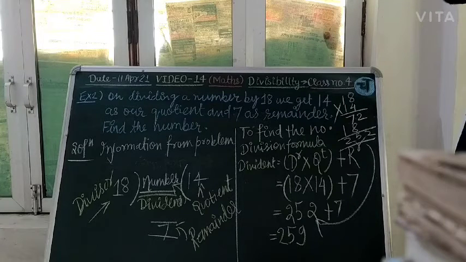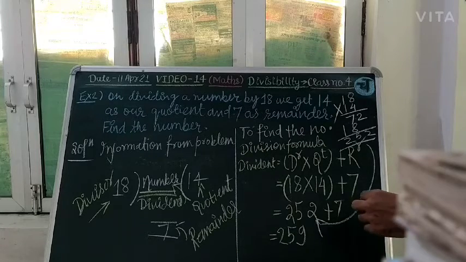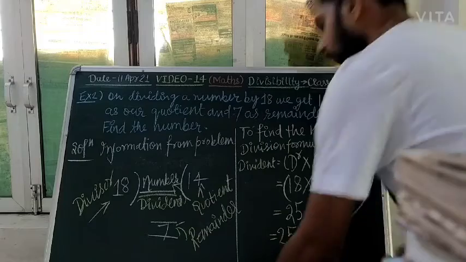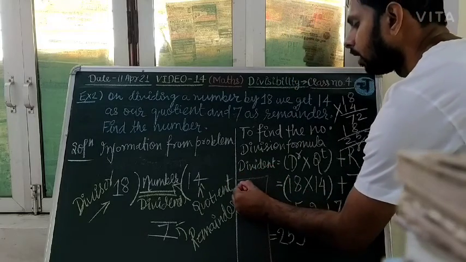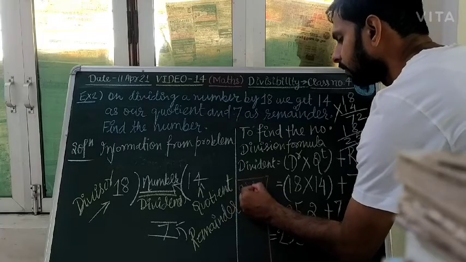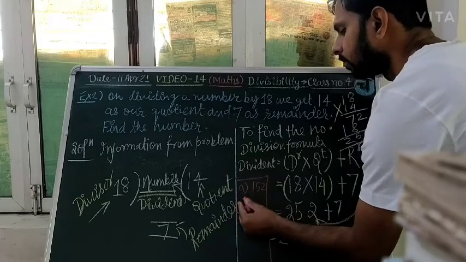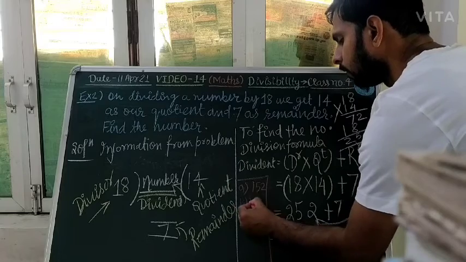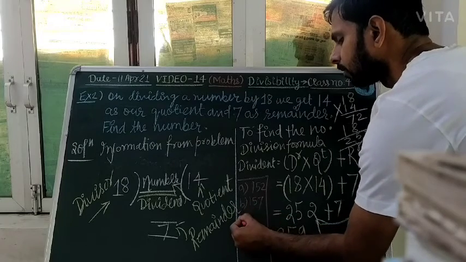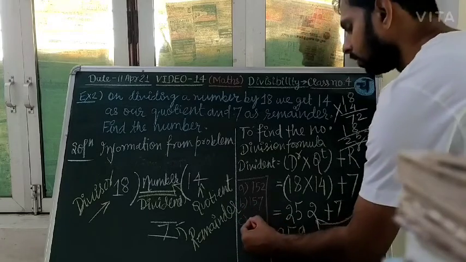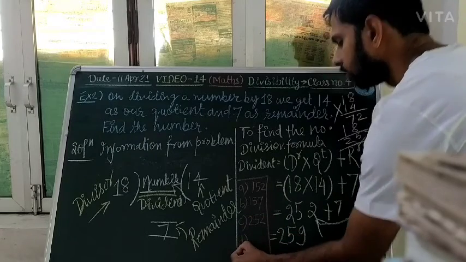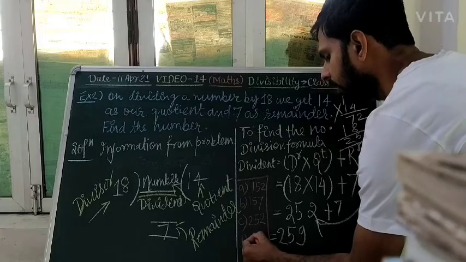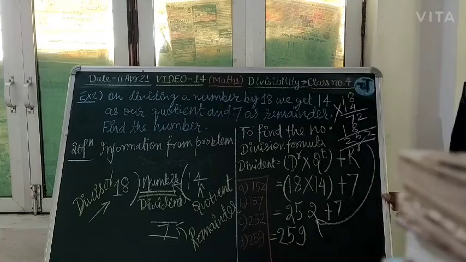So solve it. And I was saying that if options are given to us, the first option is 152, second is 157, third one is 252, D is 259.